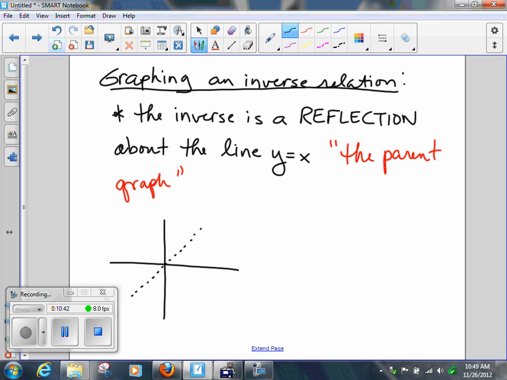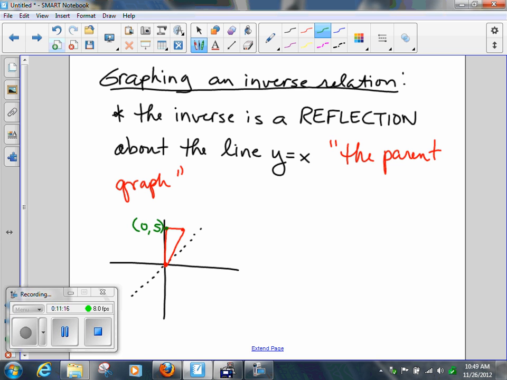If I were to have these values, let's say that that was your picture. That was the relation that we had to graph, okay? If I reflect it, then let's say that this ordered pair is, I don't know, (0, 5).